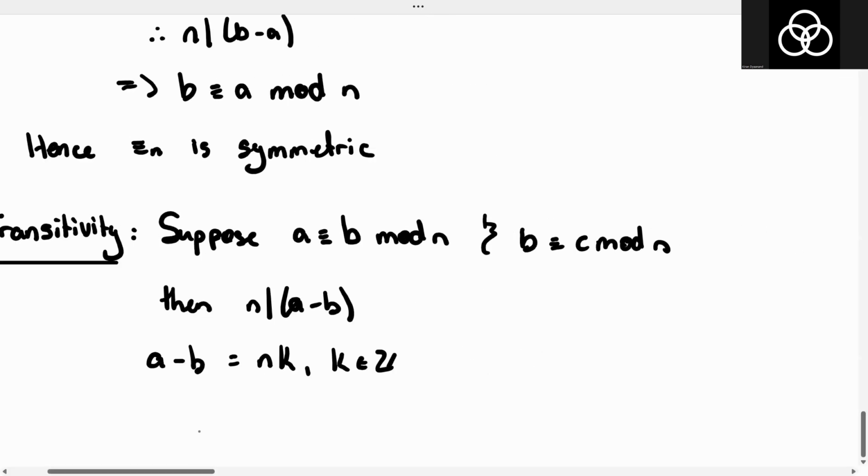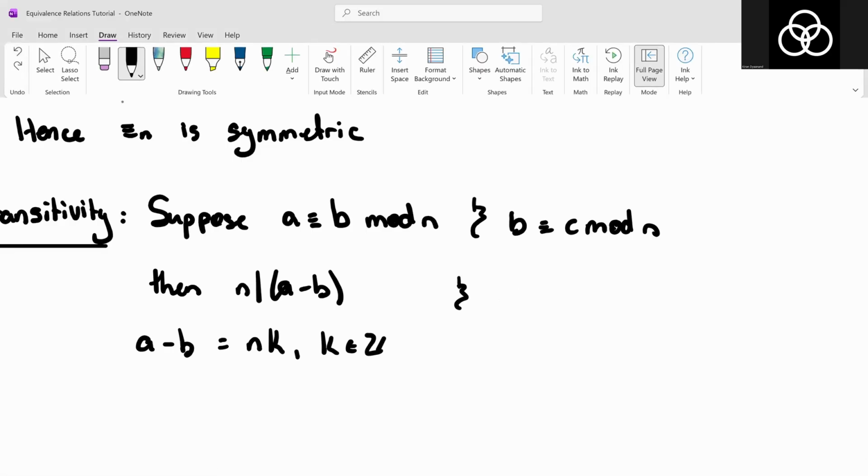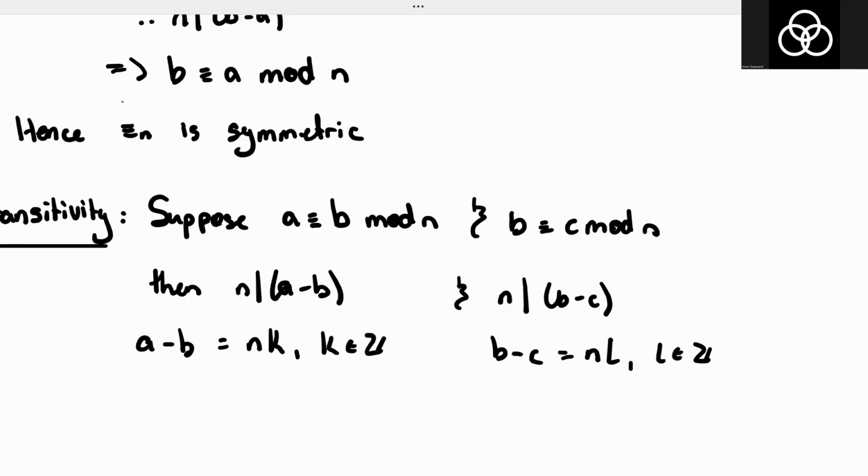And what else? n divides B minus C, which means we could write B minus C as n times some integer. We could call that l, right?